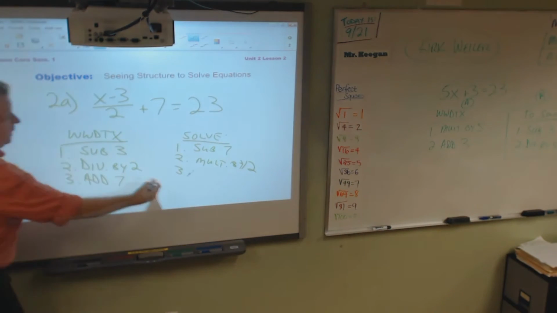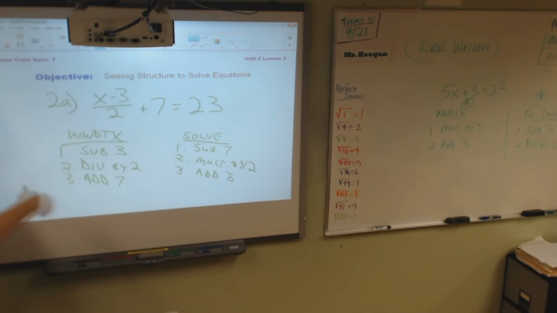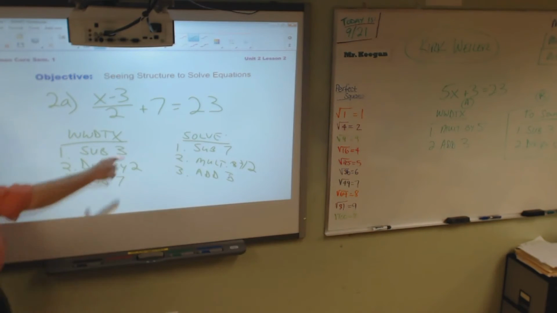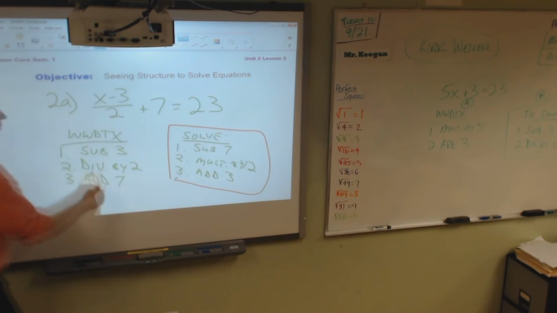And then instead of subtract 3, now it's add 3. So there's 2 reversals going on, right? You reverse the order and you use the opposite operation. But now this gives you the step-by-step instructions to solve for x here.